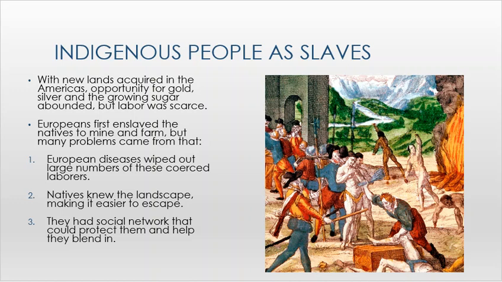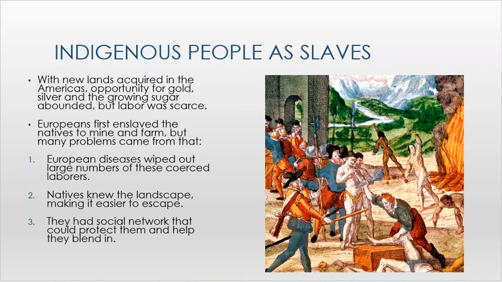Natives were enslaved pretty much in their own land, so they already knew the landscape and were familiar with it. And lastly, after they escaped, they could just blend in because they already had a network of friends and family in the area who could protect them and keep them out of sight of their captors.